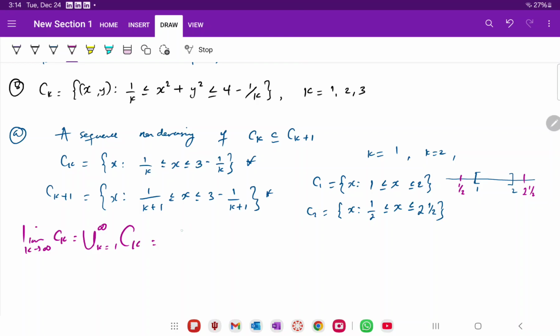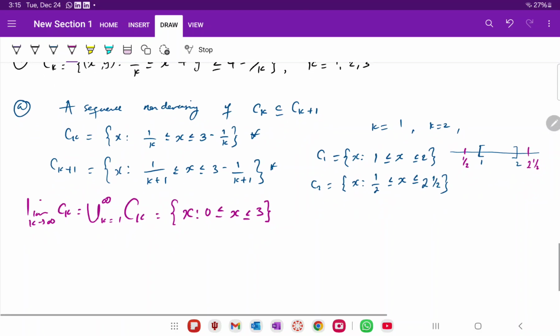So for sufficiently large k, we are going to have x such that 0 is less than x less than 3 minus 0, and that also will be 3.